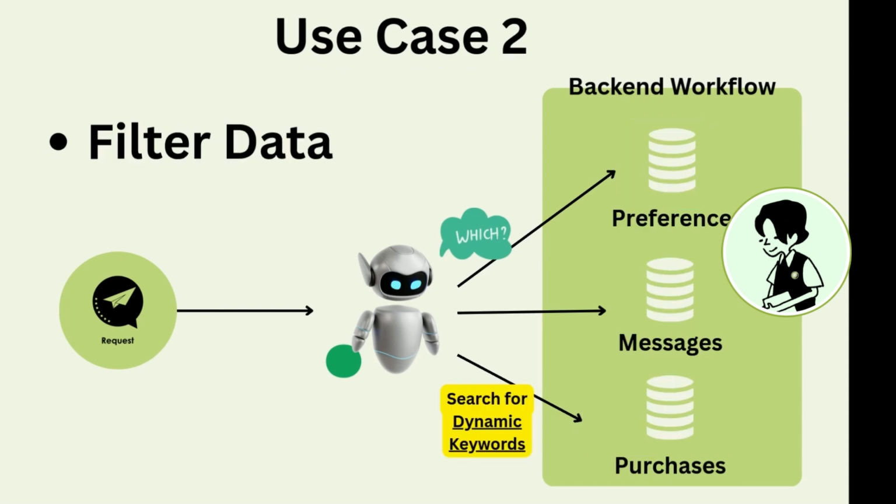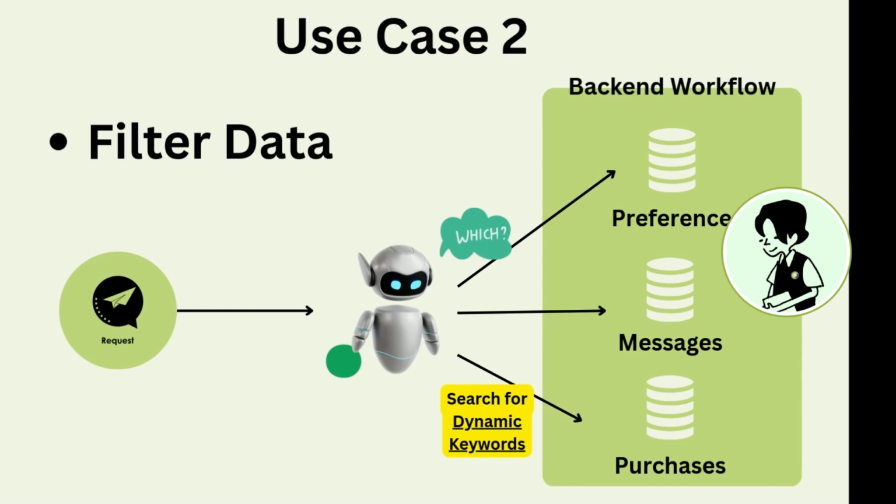Another example is that the AI can filter data on behalf of your settings. So for example, say you have backend workflows that return data from your database, and the database has user preferences, message history, or purchase history of customers.